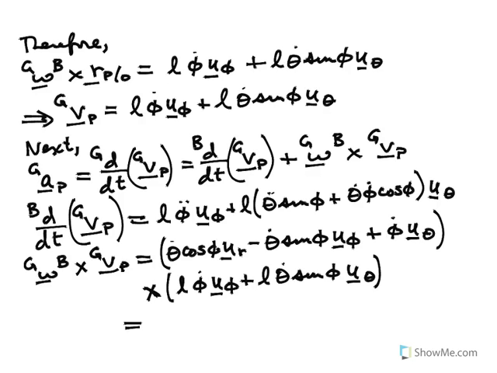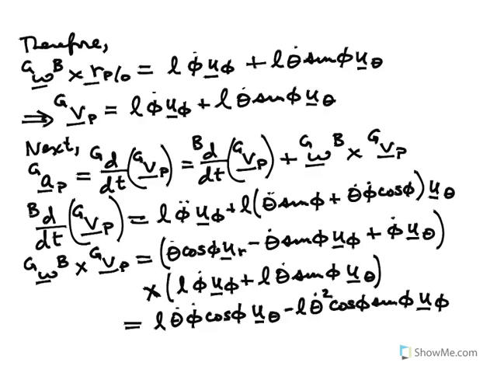So let's take this cross product and see what we get. u r crossed with u phi is 1 crossed with 2, which gives me L theta dot phi dot times the cosine of phi times u sub theta, and then u r crossed with u theta gives me minus L theta dot squared cosine of phi times the sine of phi times u sub phi.